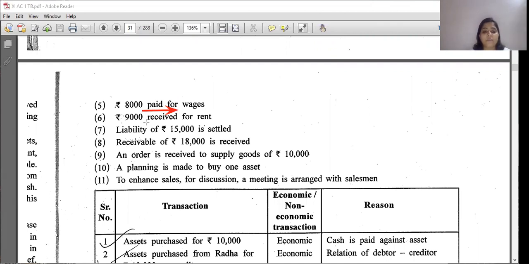Received means you had received cash. So 9,000 received for rent, it is an economic transaction. Liability of 15,000 is settled. Settled means you had paid. So it is an economic transaction. Receivable of 18,000 is received. So again, it is received, an economic transaction. An order is received.